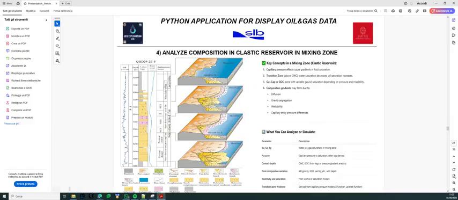And after we have the good characteristics for a proximal channel. In the proximal channel we generally find the reservoir, some gas reservoir.